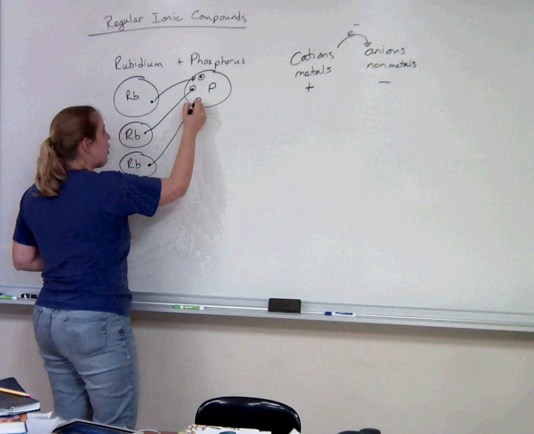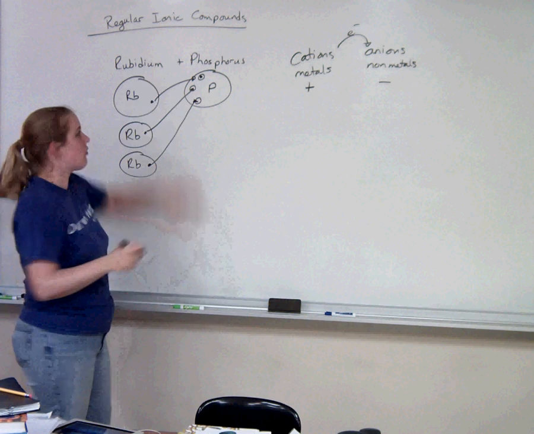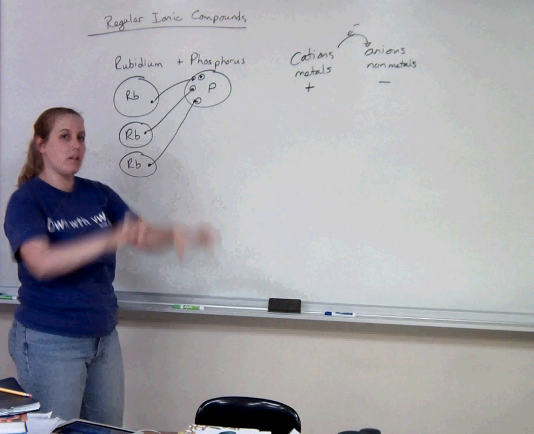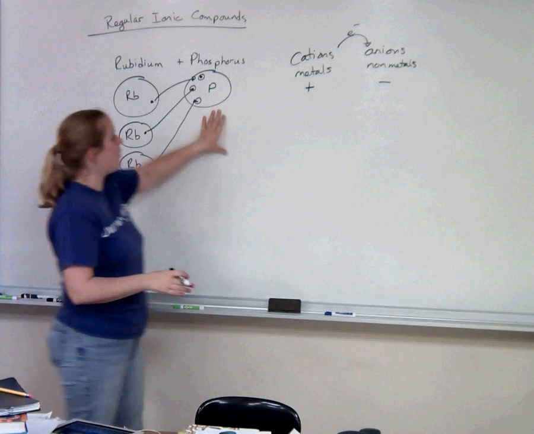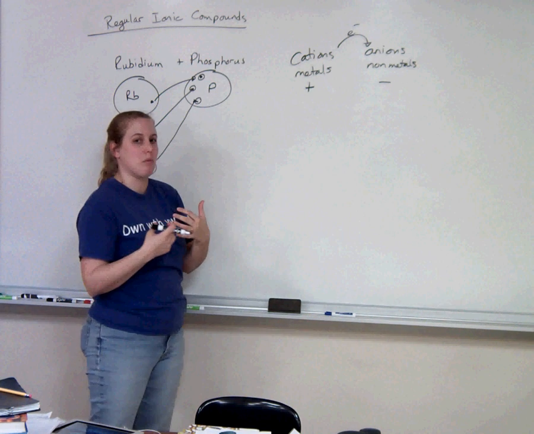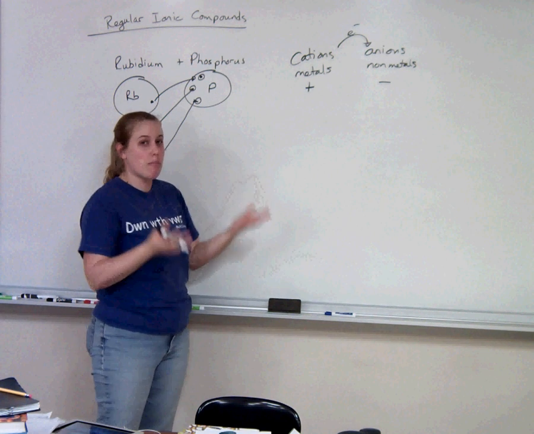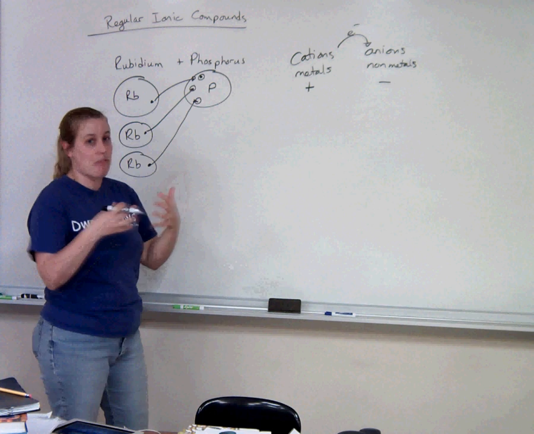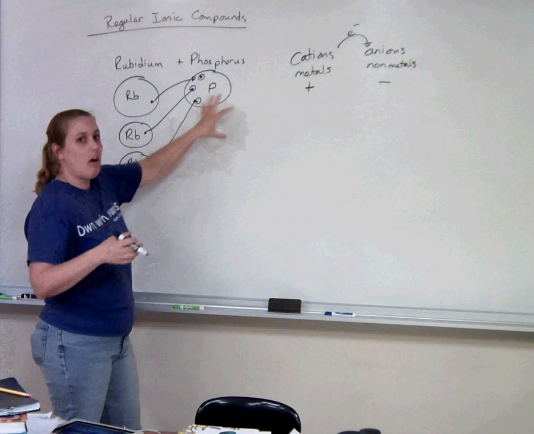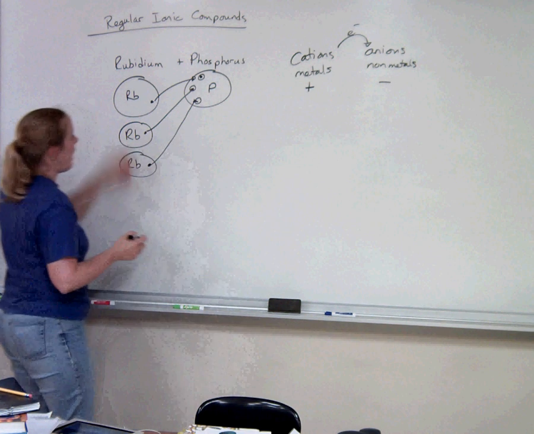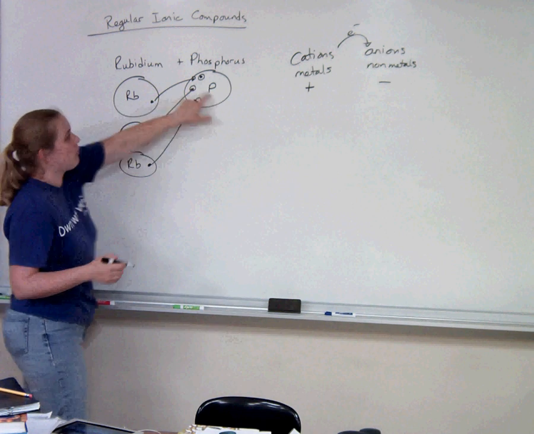So the goal of ionic bonding is for all of the cations to be able to give away all the electrons they want to give away, and for all the anions to be able to take all the electrons they want to take. And you may need different numbers of anions and cations to make that work. All the electrons have to be given, all the electrons have to be taken. And then we have 3 rubidiums for every 1 phosphorus.